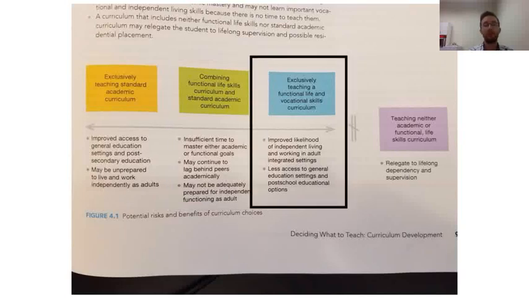Now, exclusively teaching a functional life and vocational skills curriculum may lead to an improved likelihood of independent living and working in adult integrated settings. So that's a potential advantage. A potential disadvantage is that they're less likely to access general education settings and post-school educational options.